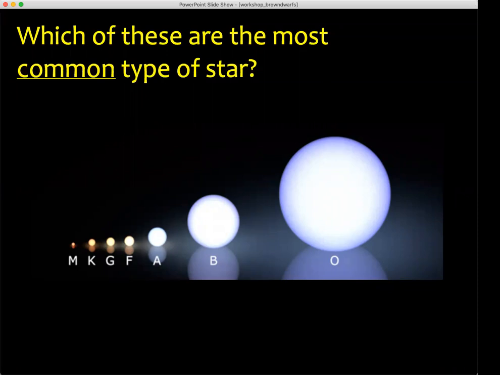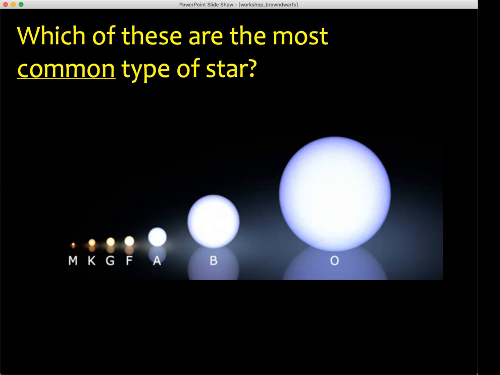What I didn't get a chance to really talk to you about was the fact that the O stars are the most massive, the largest, and also the hottest and brightest of the stars. It goes then O, B, A, F, G, K, M. M dwarfs are the smallest stars, the lowest mass, the coolest, the reddest, and the faintest. So you have this full range, and our sun is a G-type star, somewhere in the middle.